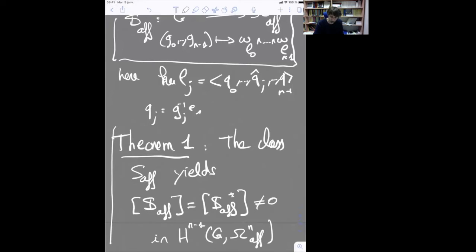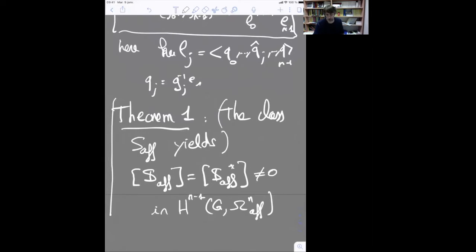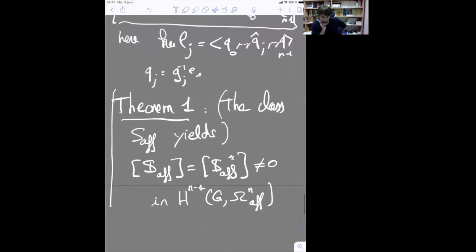And this is less important, but it's just to emphasize how we prove that the two classes are the same, because they come from the same topological construction, and they are non-zero.